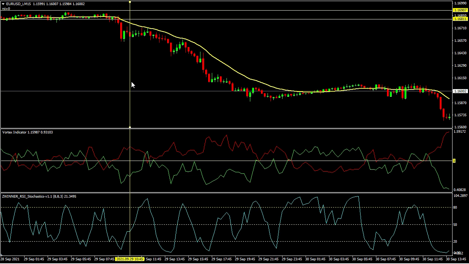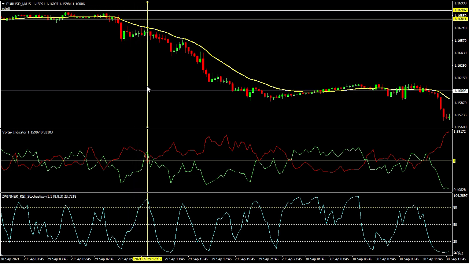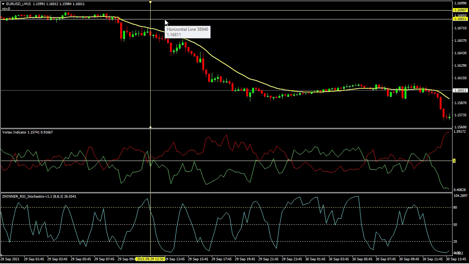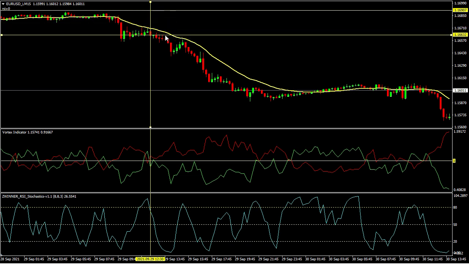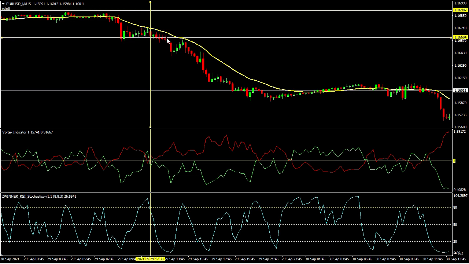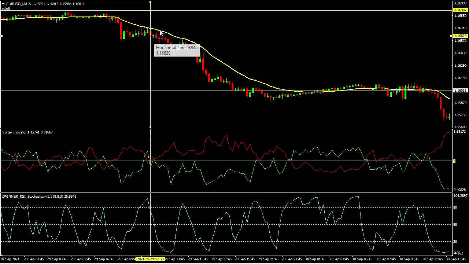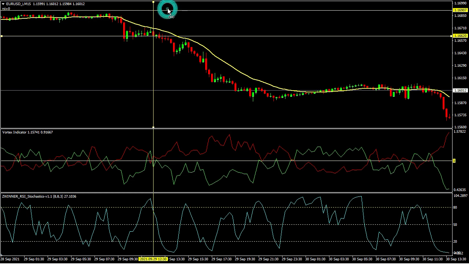Then you get the next signal here, here. When this crosses, and this is below the moving average, and the Z1 RSI is also going down. So you sell at the open of the new candle, this one, the green one, and you place your stop loss at the most recent high, this one.